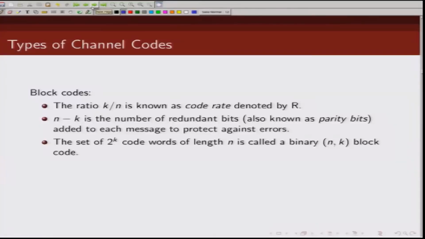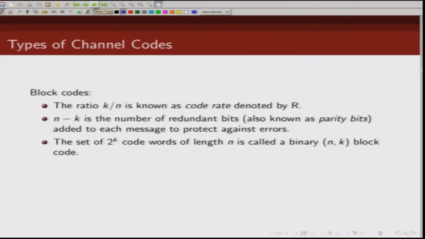Without loss of generality, in this set of lectures we will consider binary code words. So, our information sequence consists of zeros and ones, and similarly our code sequence also consists of zeros and ones. Since we are considering a block of k bits and binary code words, the number of code words is 2 raised to power k.